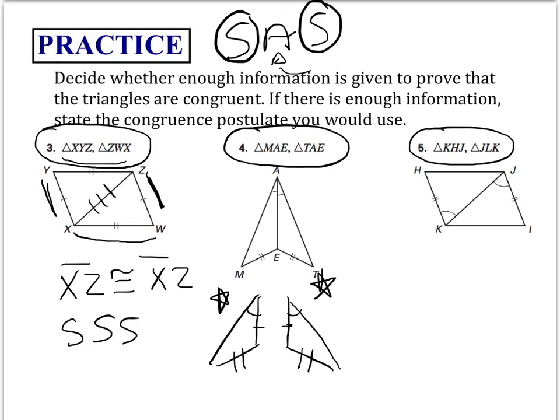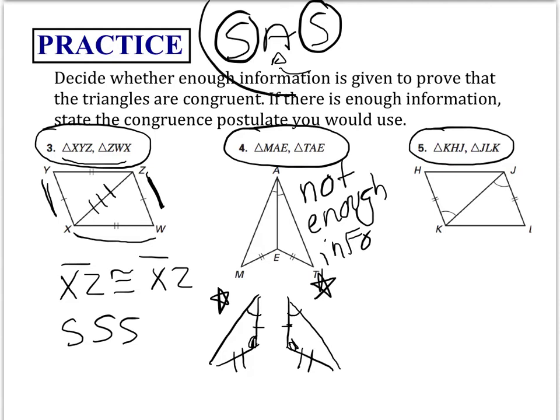So for this, there's not enough information. Now that being said, let's say it was this angle that was congruent. Then that would be enough because that's in between our two sides. So if writing SAS helps you, do it that way.